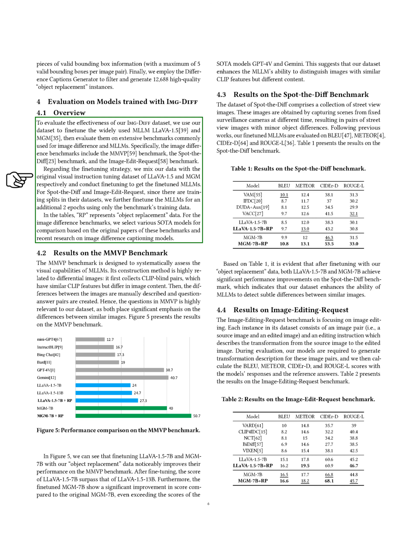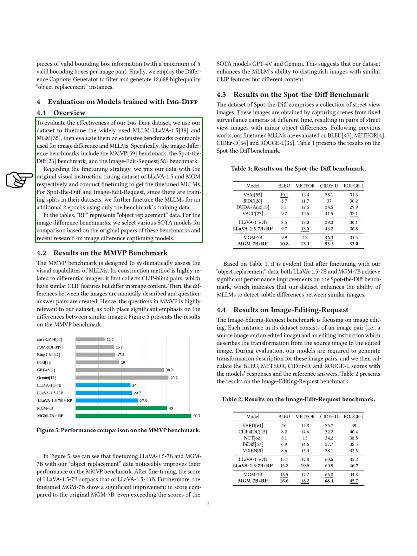To assess the effectiveness of our Img-Diff dataset, we fine-tune the popular MLLMs LLAVA 1.5 and MGM with our dataset and evaluate them against various benchmarks for image differences and MLLMs. The image difference benchmarks we use include MMVP, Spot the Diff, and Image Edit Request.